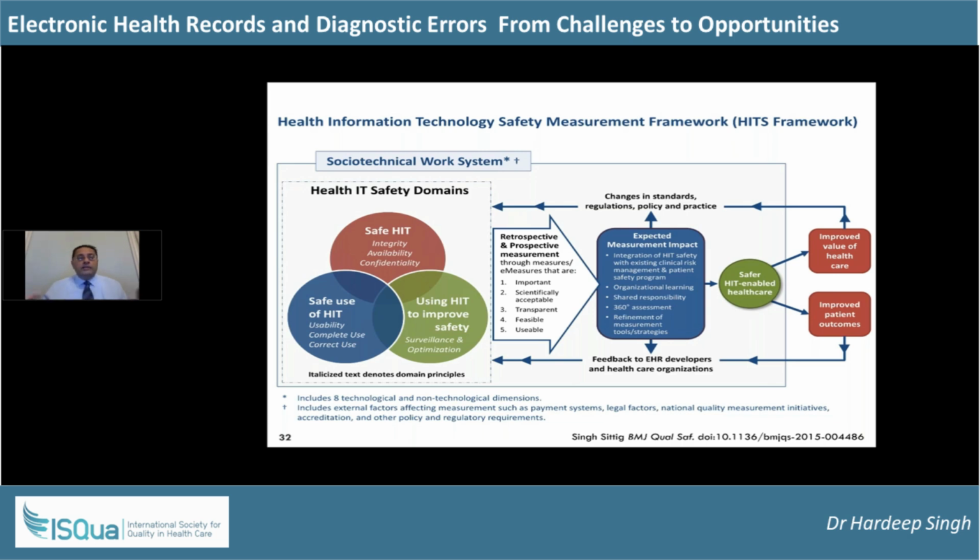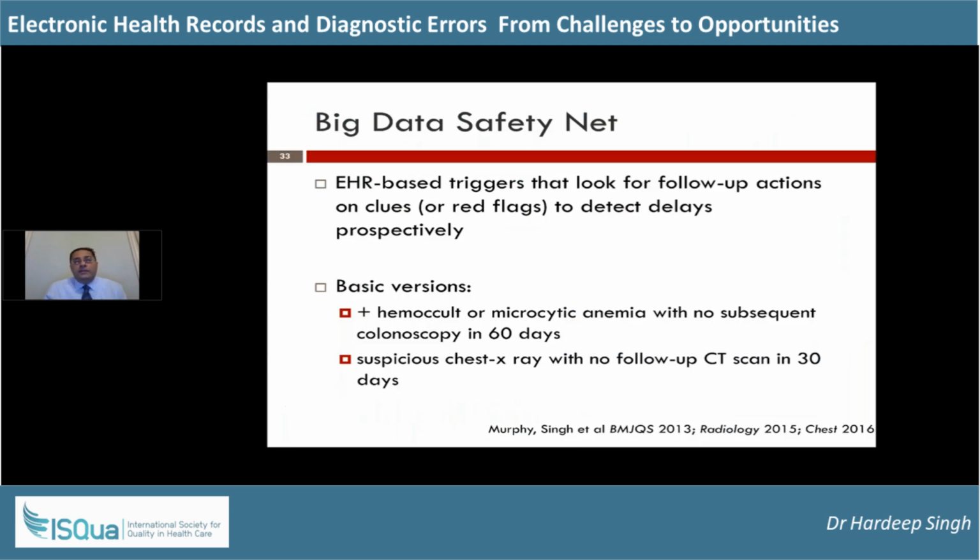So here's a study where we use big data to try to build a safety net. We developed electronic health record-based triggers that look for follow-up actions on something that was going wrong. So let's assume that I have a new onset of anemia, but I've not had a colonoscopy in 60 days. So I am at risk for colorectal cancer because I have a new onset anemia.